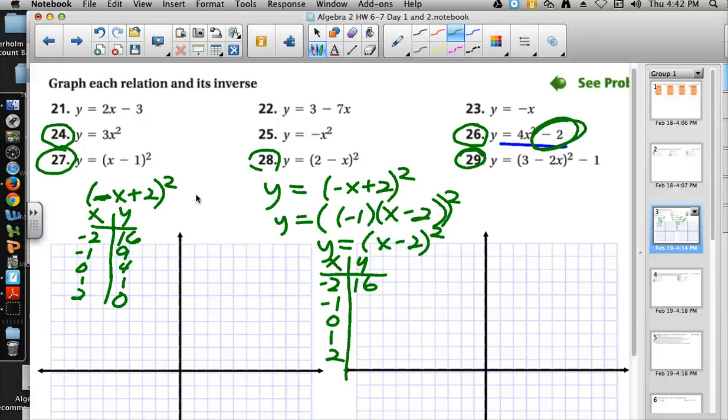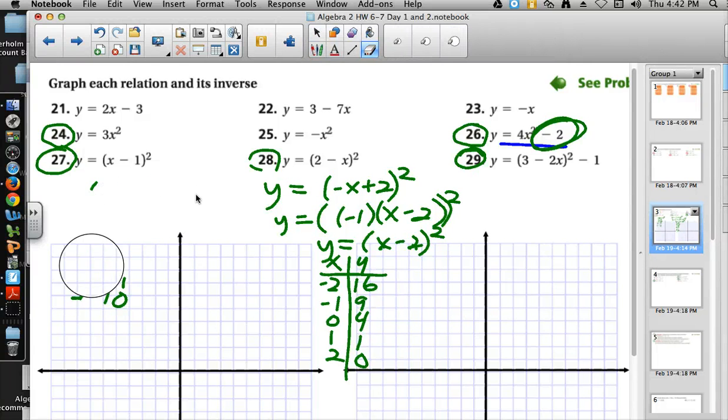Negative 1 minus 2 is negative 3, negative 3 squared is 9. 0 minus 2, negative 2 squared, 4. 1 minus 2 is negative 1, negative 1 squared is 1, and then 2 minus 2 is 0, and that's going to give you 0. So you see it does work. We can factor that out. So we still have that a, h, and k process going if we can factor to make it look like we want it to. We can force it into that situation.